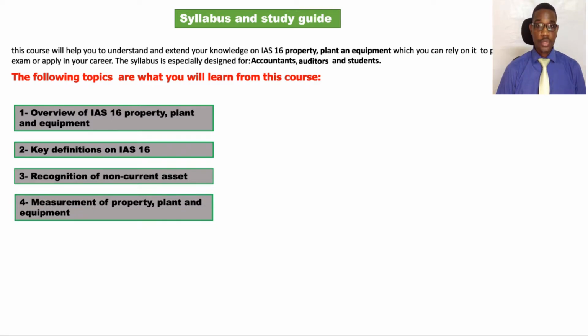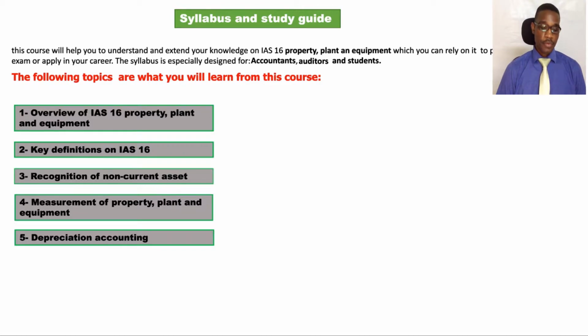Chapter 4 explains the measurement of property, plant and equipment provided by IAS 16. In chapter 5, the depreciation accounting, which is one of the most important topics in this standard, because mainly the problems come from depreciation accounting.